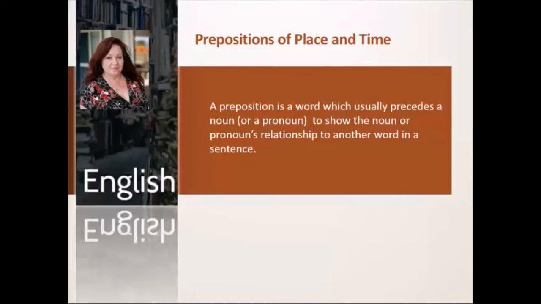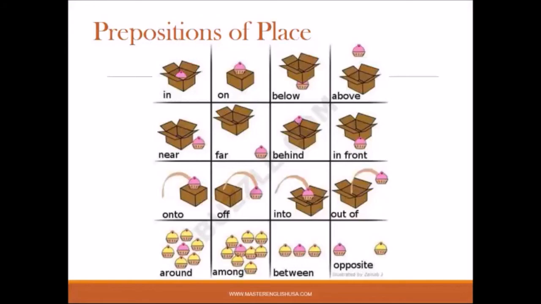A preposition is a word which usually precedes a noun or a pronoun to show the noun or pronoun's relationship to another word in a sentence. Here are some prepositions of place.